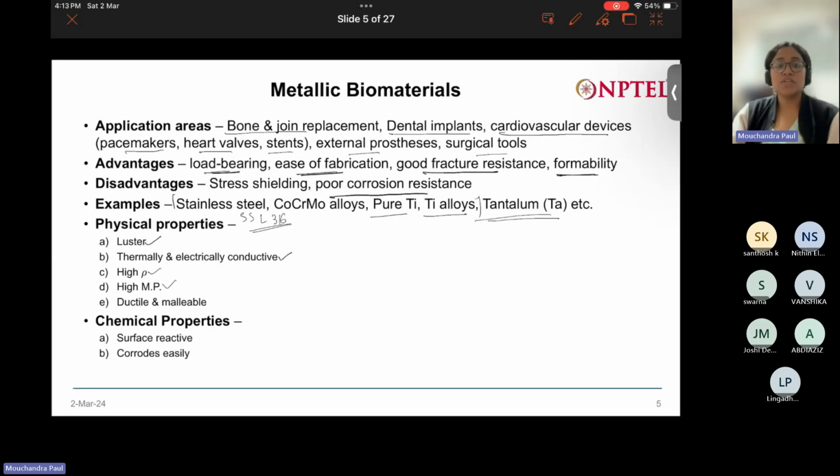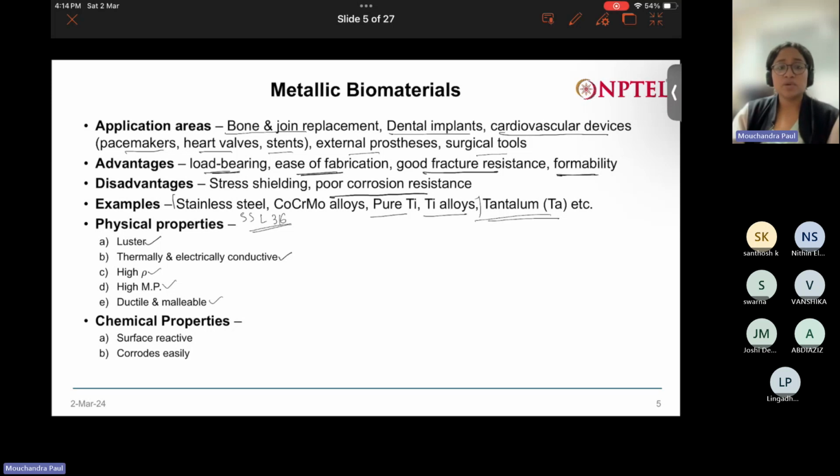For that you need special fabrication facilities. Metals when heated can be formed into wires and sheets. Ductility is the tendency to turn into thin wires. Malleability means it can be converted into sheets.